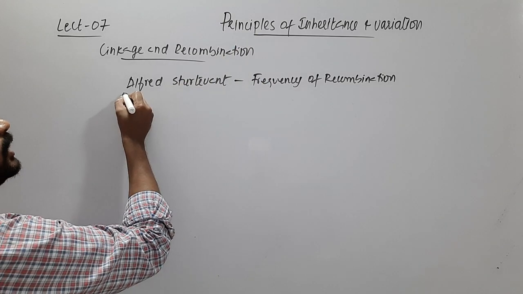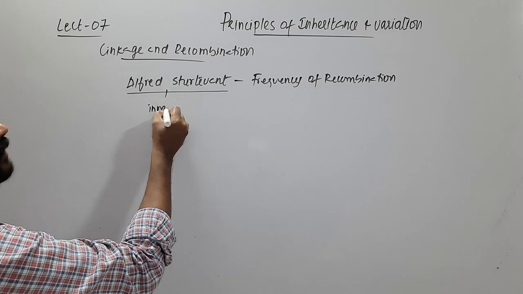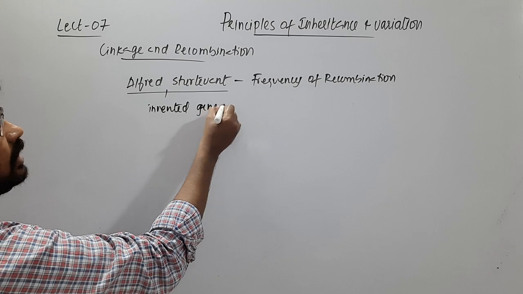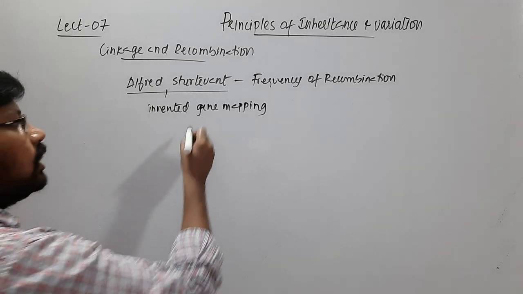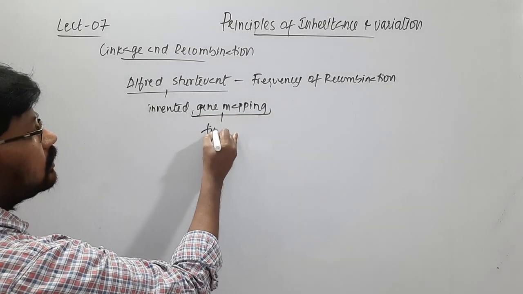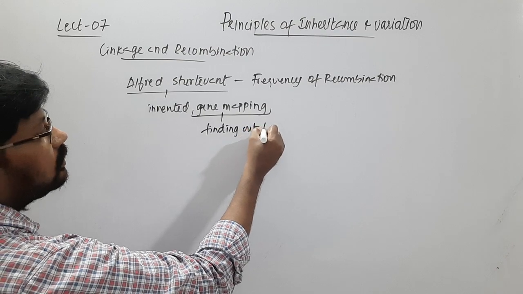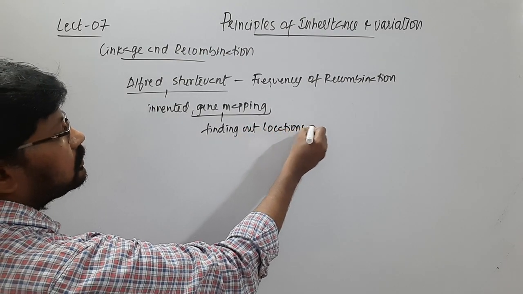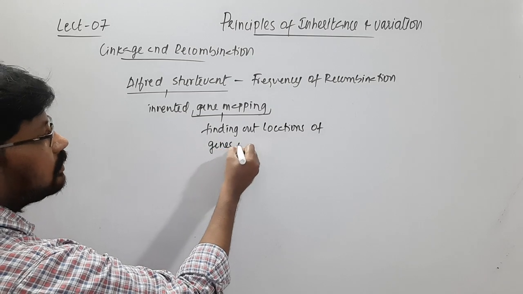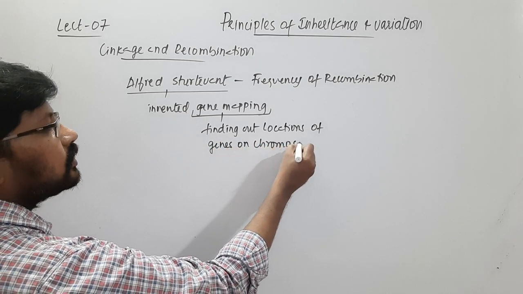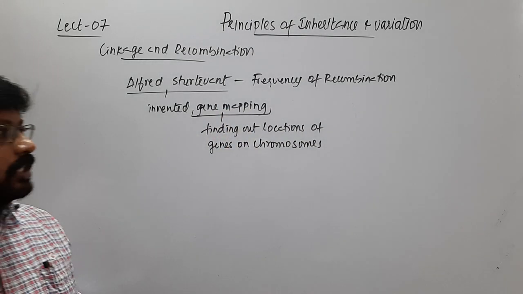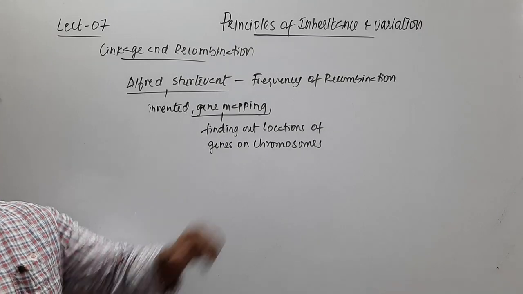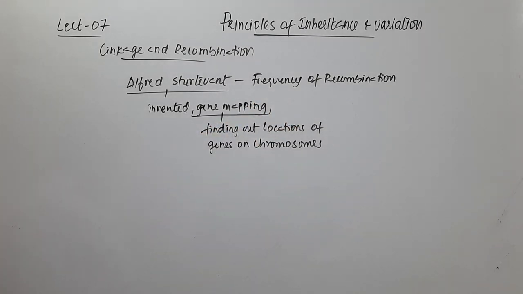So he invented gene mapping. Gene mapping means finding out the locations of genes on chromosomes. He was able to do this by using the frequency of recombination.